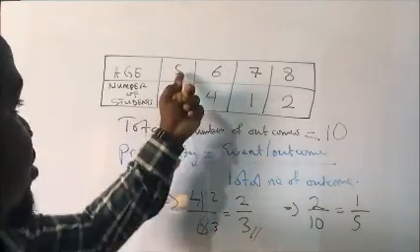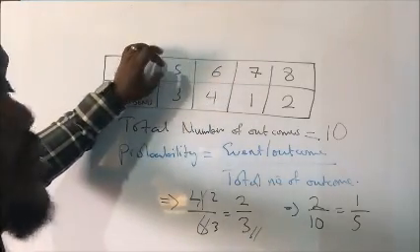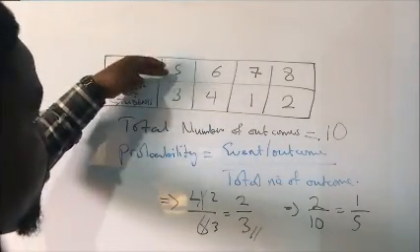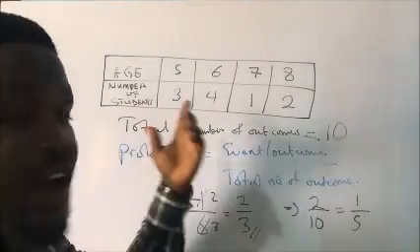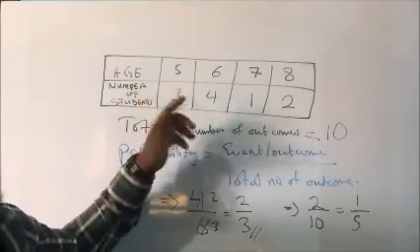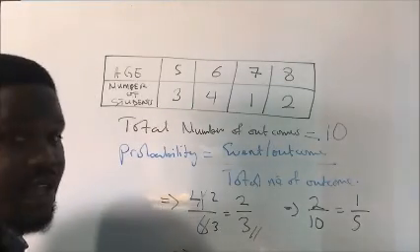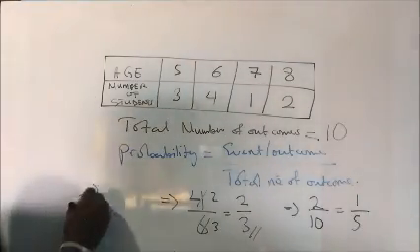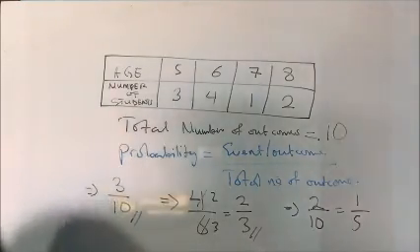So what is less than 6? 5. So they are referring to all those who are 5 years. And how many people are 5 years? 3. So the probability of picking a child who is less than 6 years old becomes 3 out of 10.